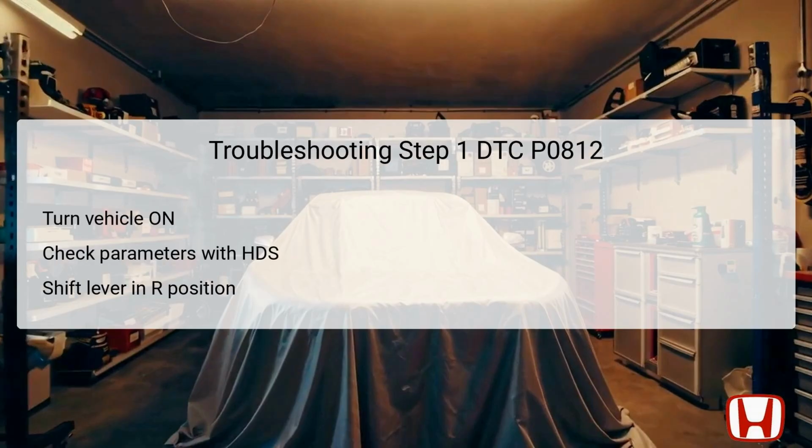For troubleshooting DTC P0812, the first step involves problem verification. Begin by turning the vehicle to the on mode, ensuring that you're ready to input diagnostic commands. Utilize the Honda Diagnostic System, HDS, to check the parameters with the shift lever positioned in the reverse gear.